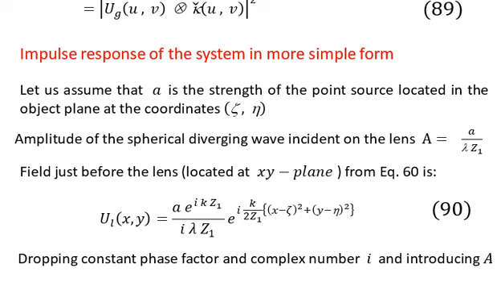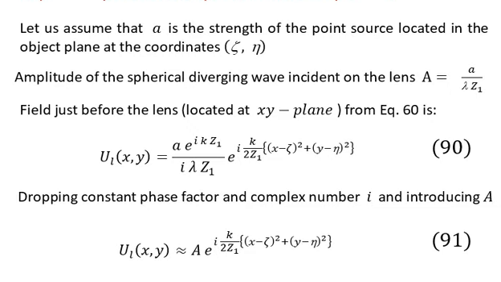The field just before the lens located at the xy plane, from equation number 60, is now written as UL of x, y equal to A multiplied by e to the power iota k z1 over iota lambda z1, and e to the power iota k over 2 z1, and within the curly bracket we have (x minus zeta) squared plus (y minus eta) squared. So this is the field which is just incident on the lens, or the field just before the lens.